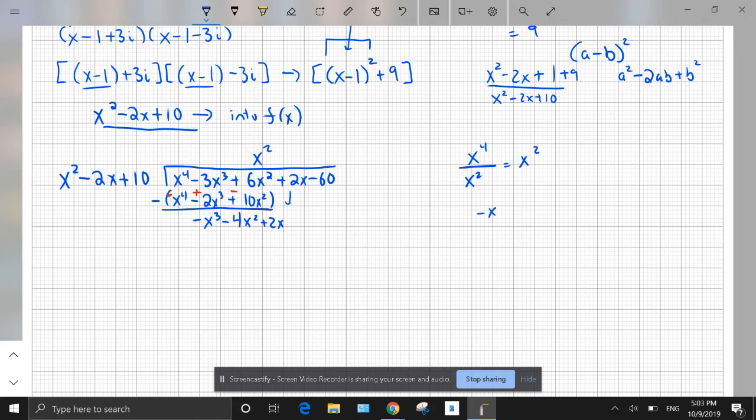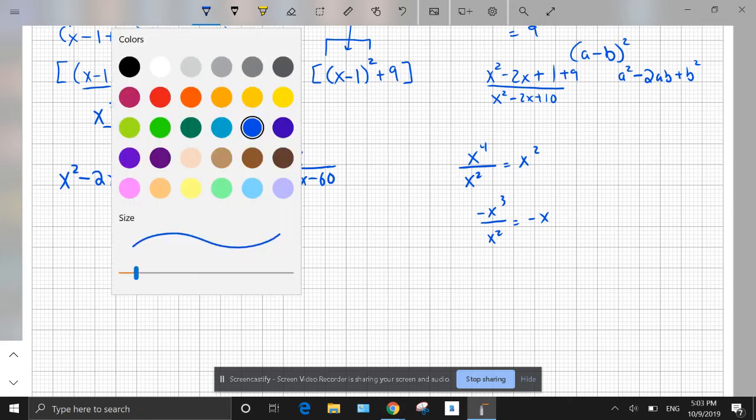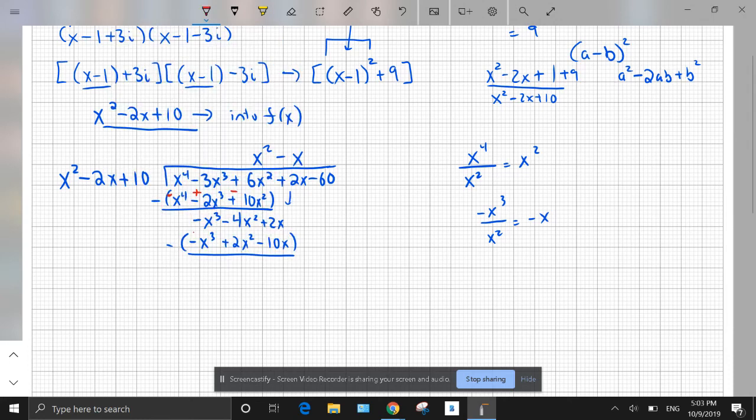Again, the same thing, first term from the inside divided by the first term of the outside, so here we get negative x, so we have minus x. So distribute, so here we have negative x cubed plus 2x squared, and we have minus 10x. Parentheses, put this negative on the outside, so remember that changes the sign, so this one should be a plus, this is a negative, and this is a plus.